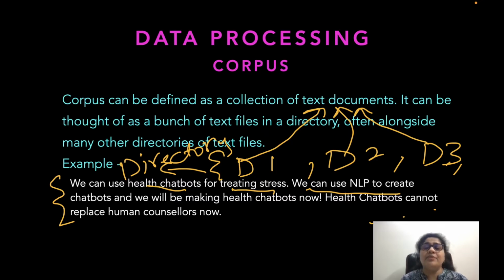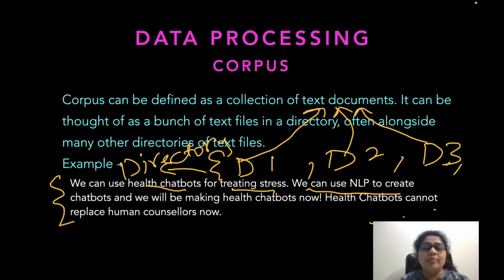So basically, in data processing, we get a bunch of documents, rather a bunch of textual documents or textual files. We take that and we try to convert that into numbers. So in simple terms, for any data processing, the starting corpus acts as an input.